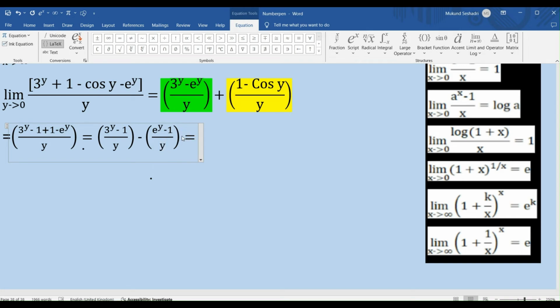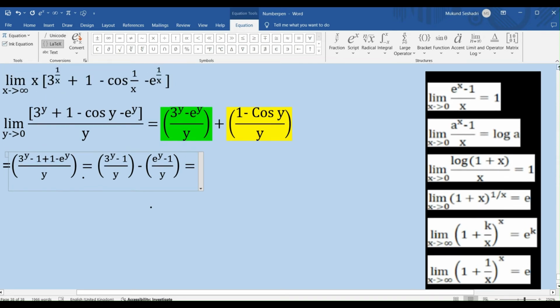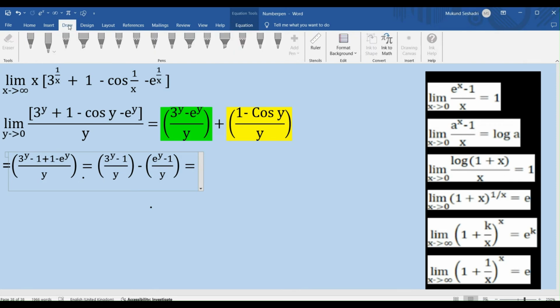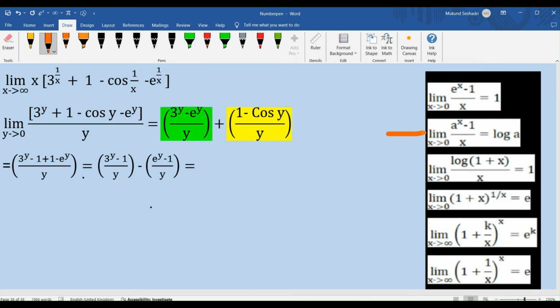So now we know which is the formula we will have to apply. We have 3 to the power y minus 1 divided by y, which is nothing but a to the power x minus 1 divided by x as x tends to 0. And what does it tend to? It tends to log 3, right? And then I have my e to the power y minus 1 divided by y, which is my log of e.